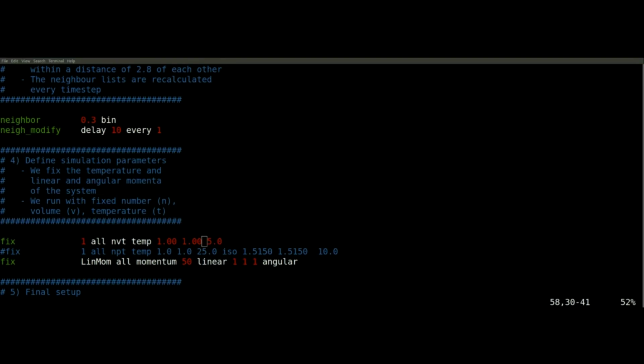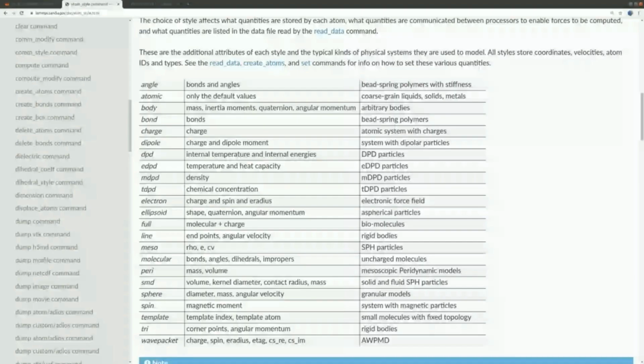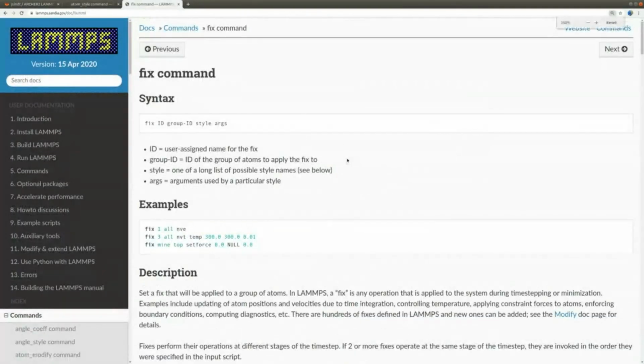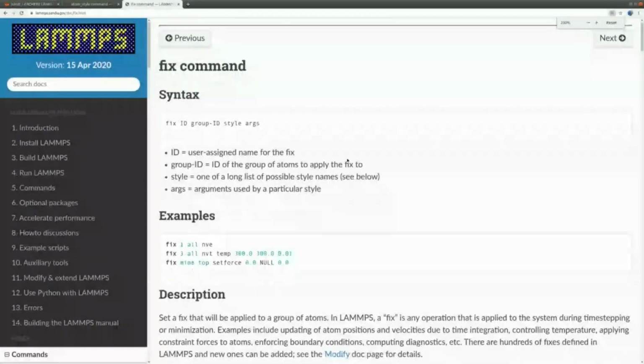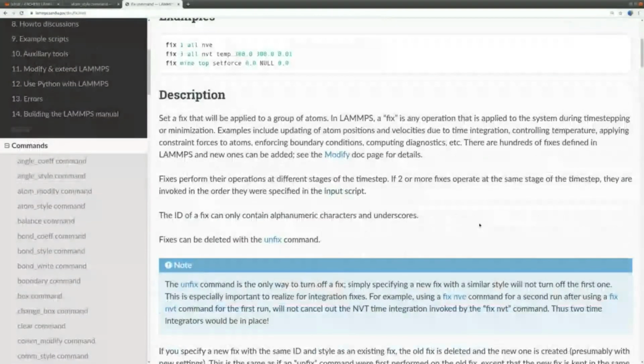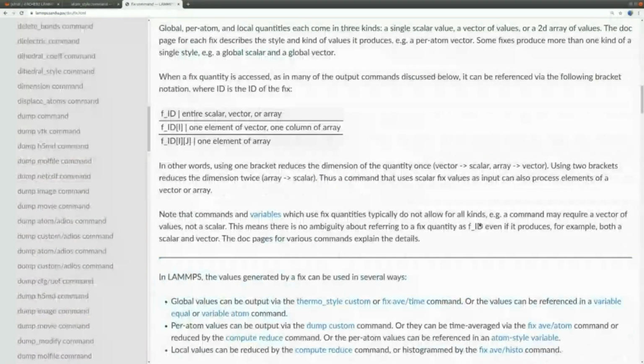So very quickly, I want to show you a bit more on LAMMPS fixes, because there are a huge number of them. There are 264 fixes on my count, or last time I counted.